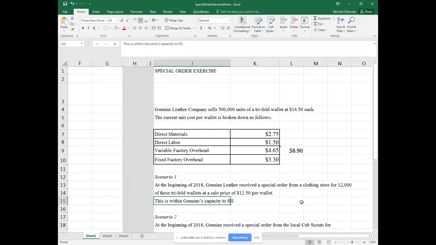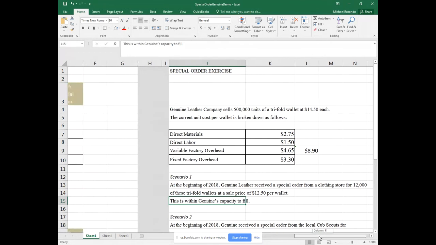That's why the contribution margin format is so important here, because we can easily differentiate between fixed and variable costs. Now, there may be qualitative issues here. In other words, why are we giving it to this company and not others? Those are things that management has to decide.